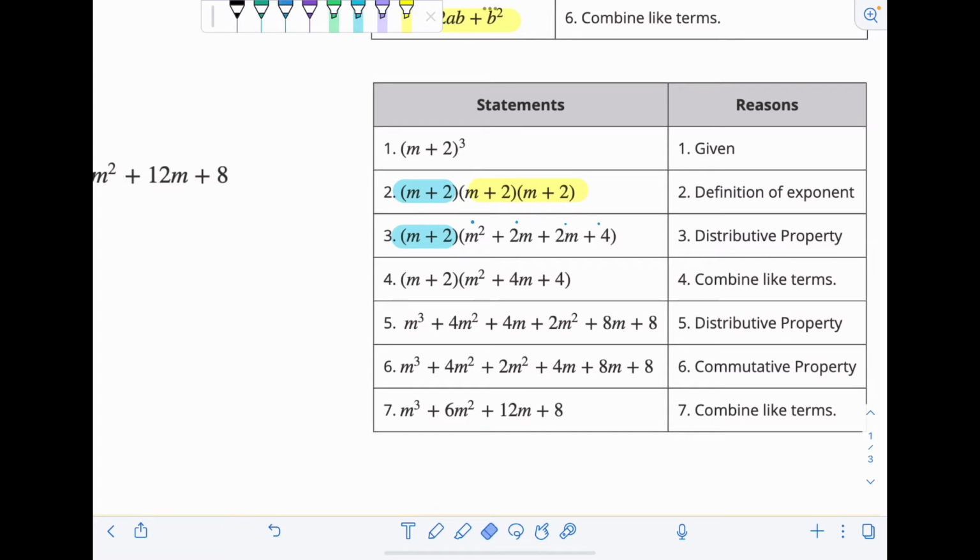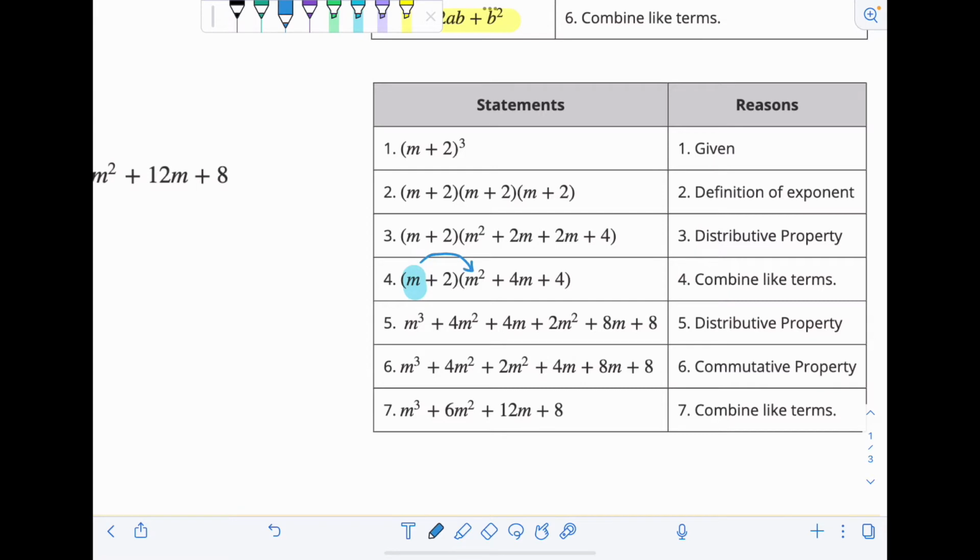And then from here, we're just combining like terms. So 2m and 2m becomes 4m. And then between step 4 and step 5, we're using the distributive property again. So we're taking this first m and distributing it to all 3 terms in the second parentheses.